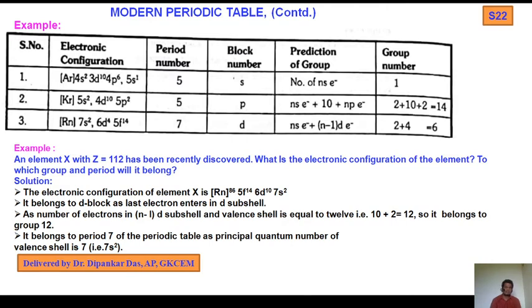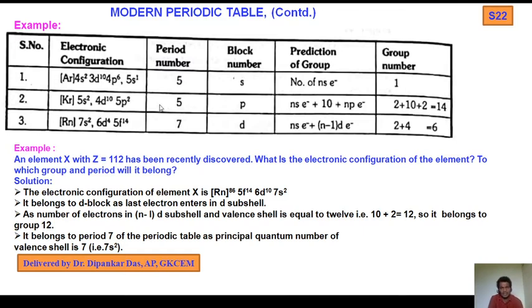How many electrons? 2. Okay. Next, (n minus 1) d electrons, which means 4. So 2 plus 4, that is 6. So it is a group number of 6.